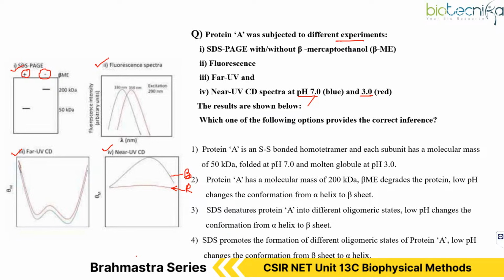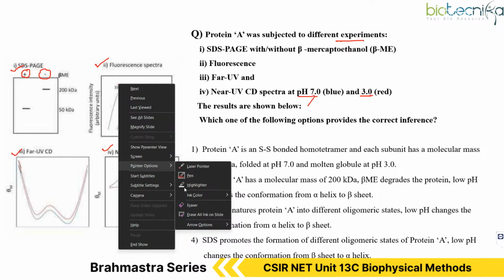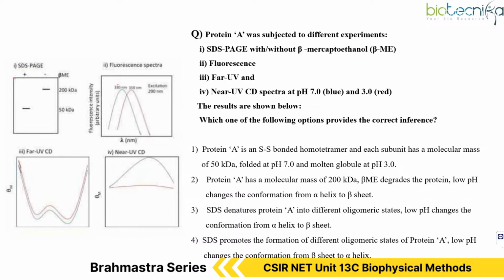So the strategy of solving this question is that you just have to go through the figure given, the experimental data which is given, the result of SDS page, the fluorescence spectra, far UV, near UV circular dichroism spectra. Also, you need to be familiar with terms like what is homotetramer to answer this question, right?